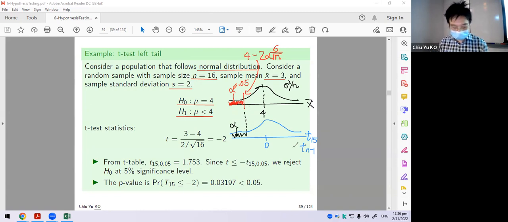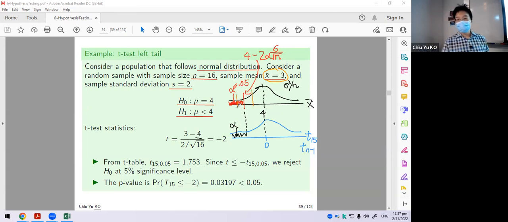And how can you transform here? The way to transform is subtract the 4 over s over root n. So the question is, what we want is to look at the data, which is 3. We are not sure whether it's here or it's here.